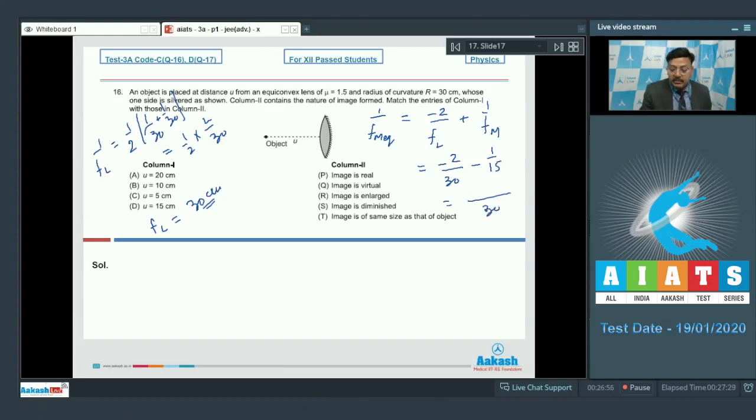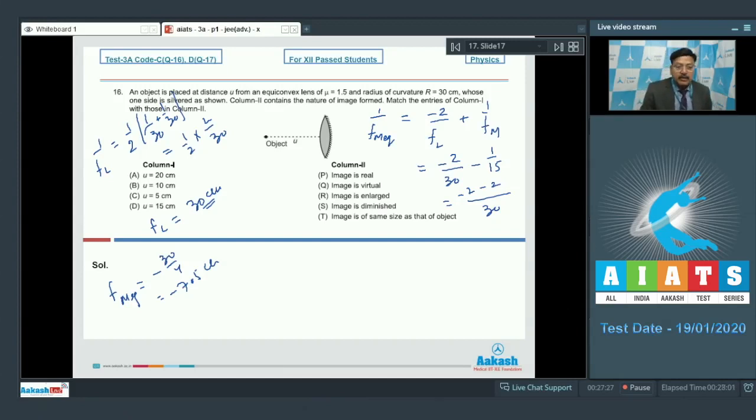Let's do the addition now. LCM is 30, minus 2, and this is also minus 2, so we are getting fm equivalent as minus 30 by 4, or simply minus 7.5 centimeter. So this silvered lens is going to behave like a concave mirror of focal length 7.5 centimeter.